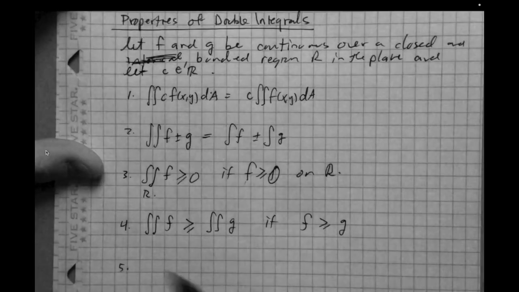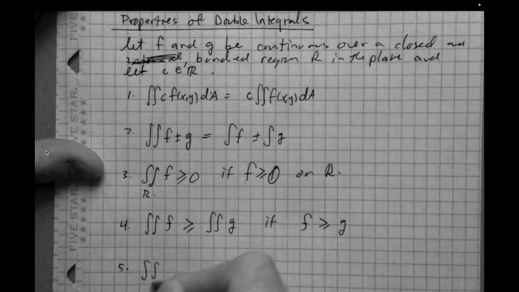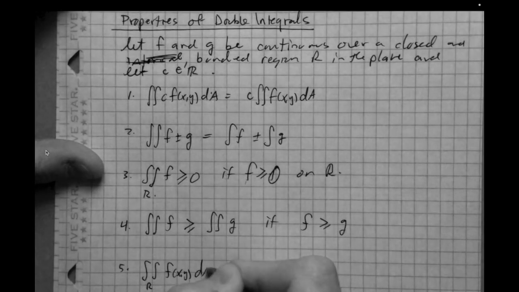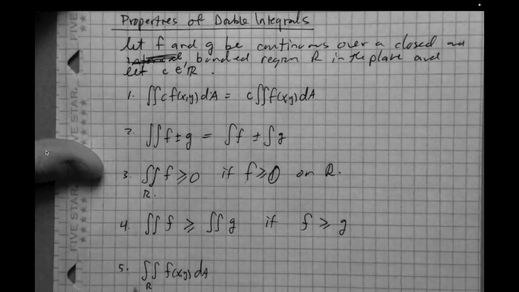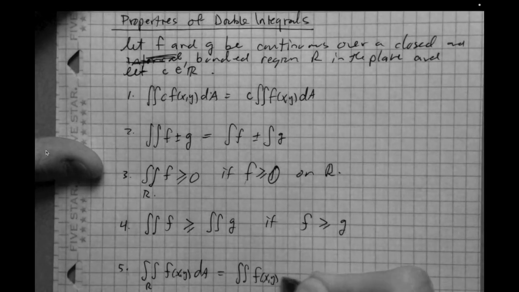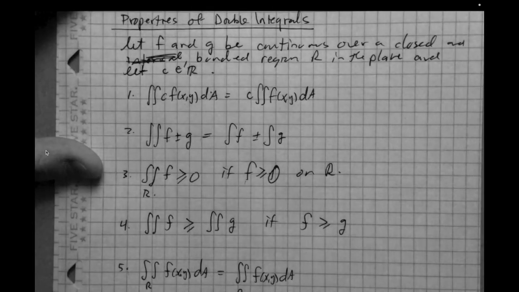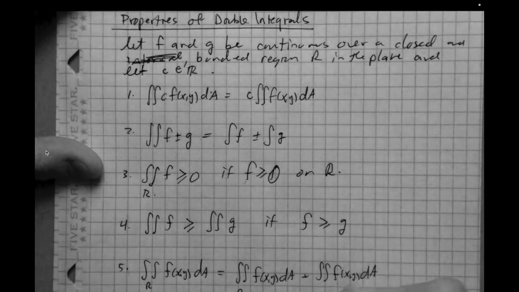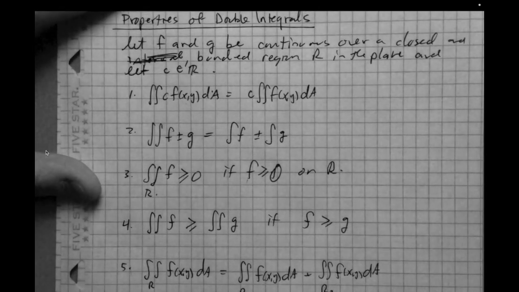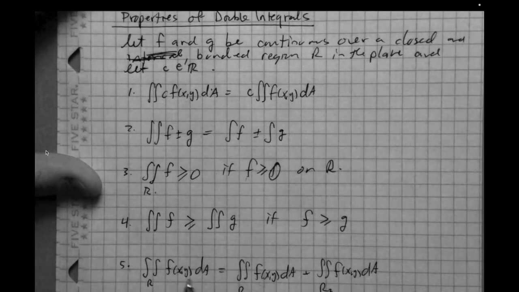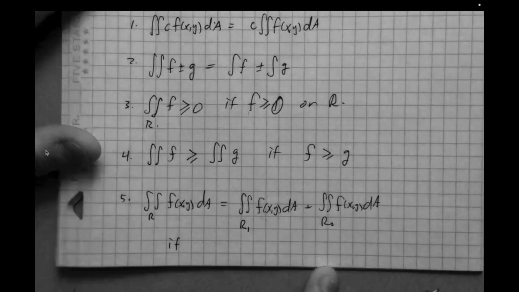And then this last one says the following, and I'll pull in the full notation for this. The double integral of f on a region R is equal to the double integral of f on the region R1 plus the double integral of f on a region R2, if the sum of the two subregions is equal to the overall region.